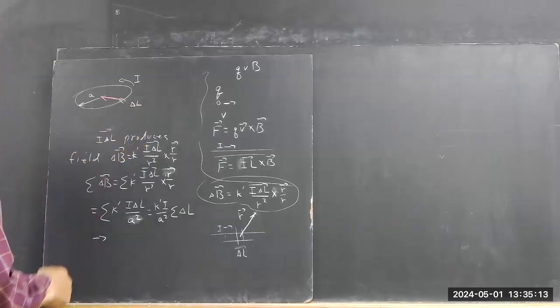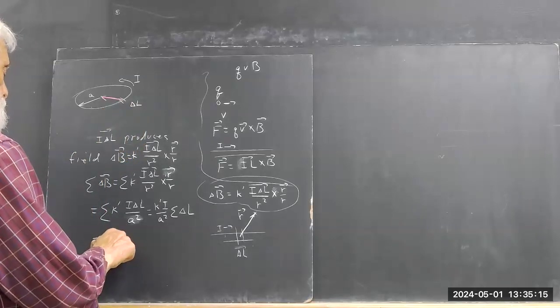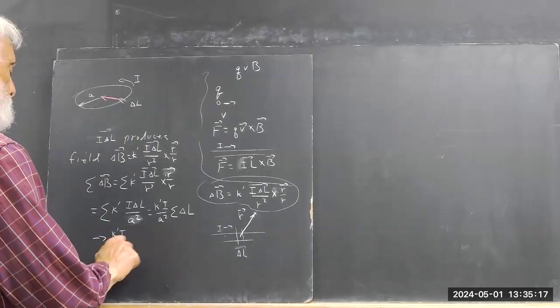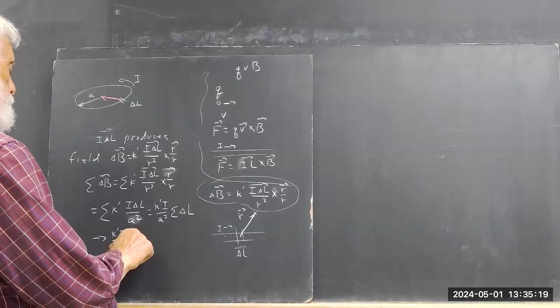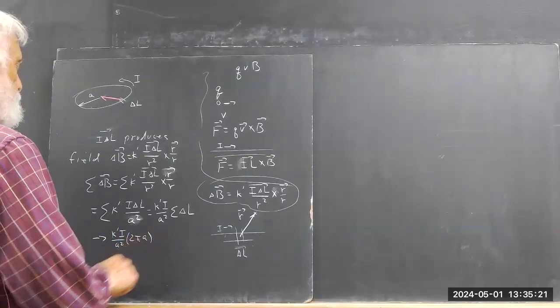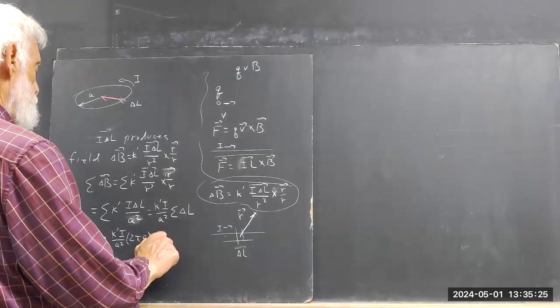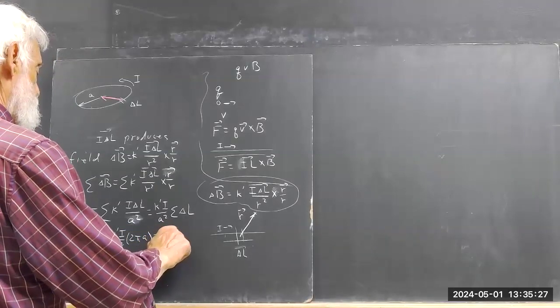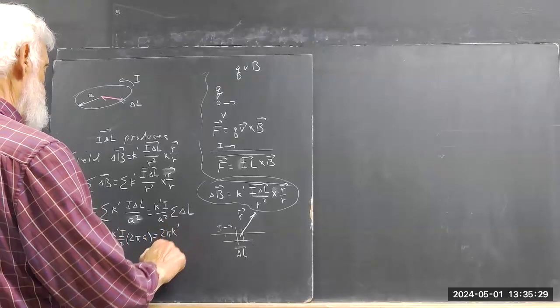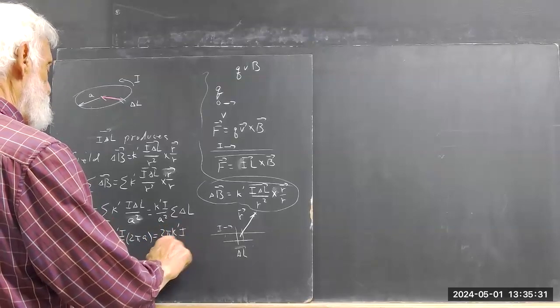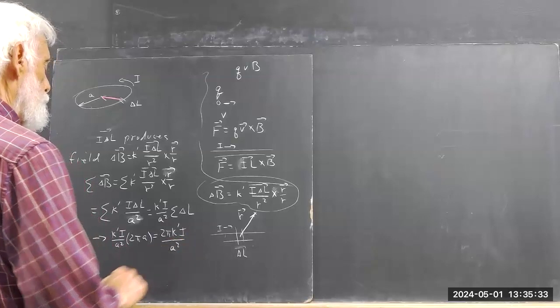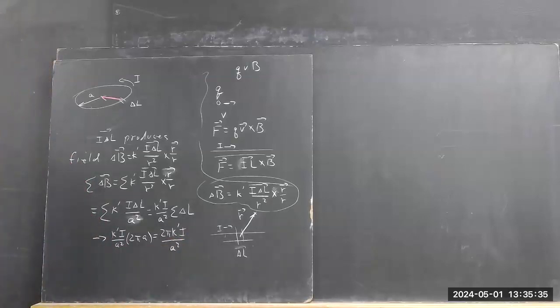You let your increments go to 0. You get K prime I over A squared times 2 pi A, which is 2 pi K prime I over A. Okay. And you can express that in terms of mu naught.